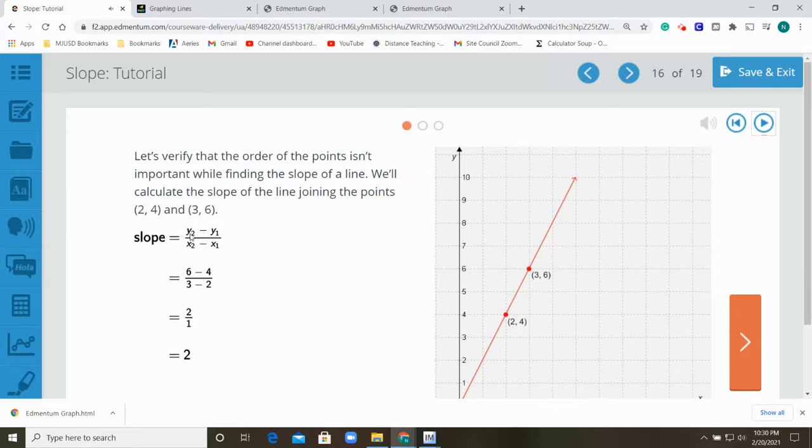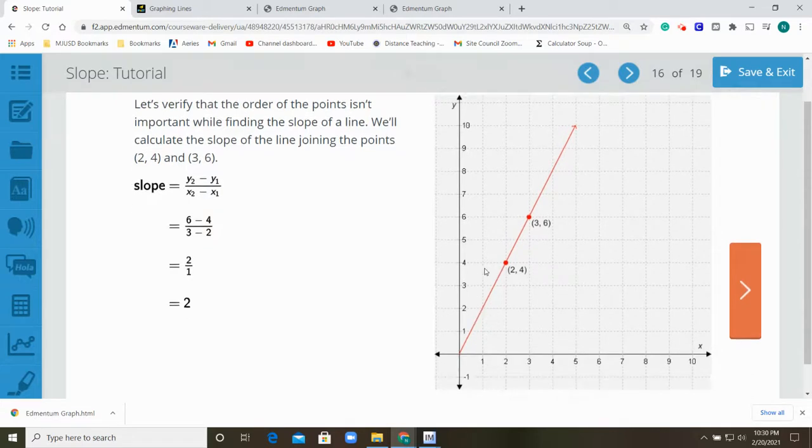Okay, so the y2 and the y1. What that's saying is this is the y-axis, and this is the first point... or rather, I'm sorry, x, y, I messed up.